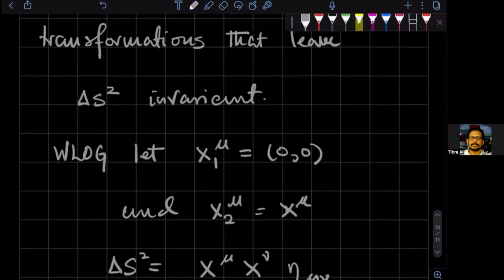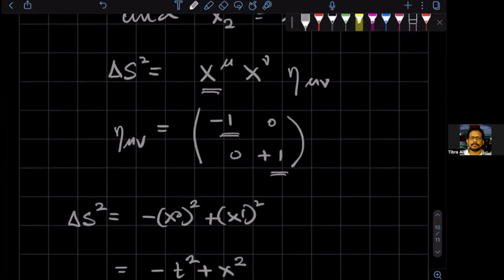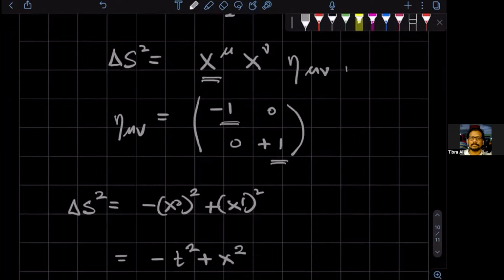Okay. So the Lorentz transformation is something that leaves this quantity invariant. Okay, how do we do this?